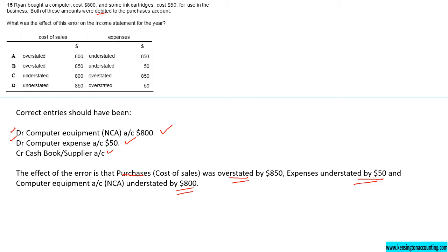Now an overstatement of purchases will also overstate cost of sales, because purchases is an addition item in the cost of sales. Therefore, overstatement of purchases is equivalent to an overstatement in cost of sales of 850. Okay, and in terms of expenses, it will be understated by $50. Therefore the correct answer is B.